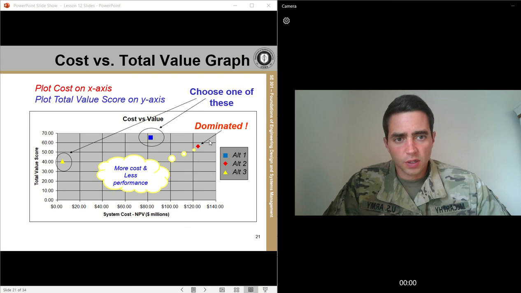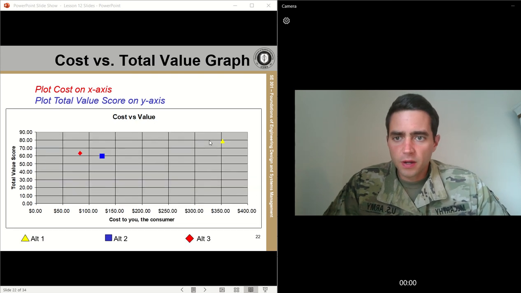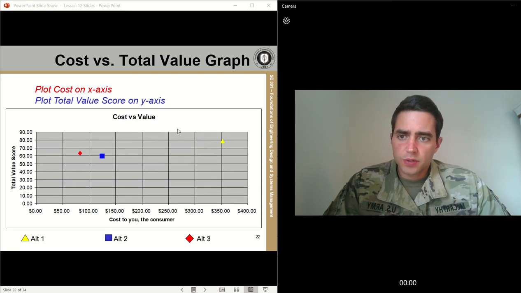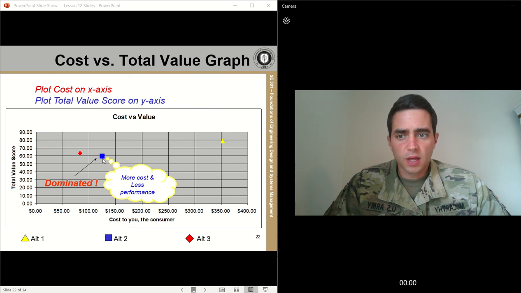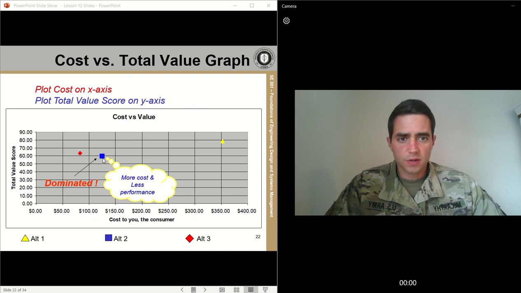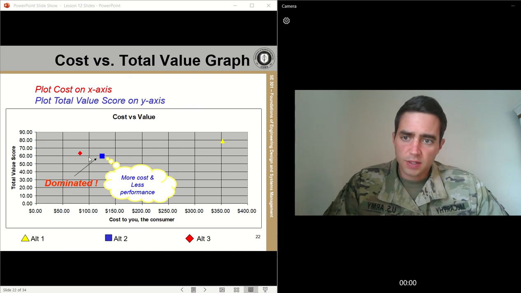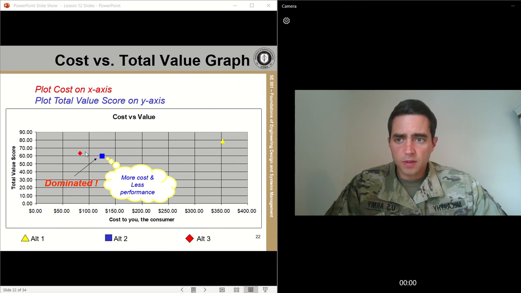So this solution could go away. Another example here shows that this blue square is less value than the red diamond for more cost, and again shows that there is a dominated solution, and it is dominated by the red diamond, which has a higher value for less cost.